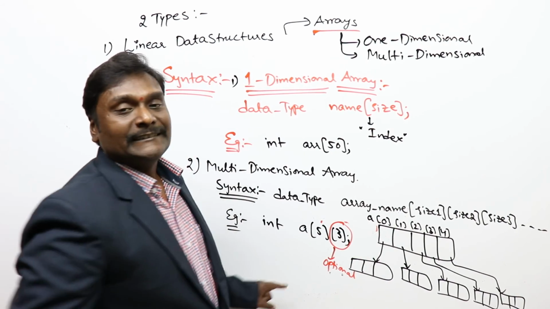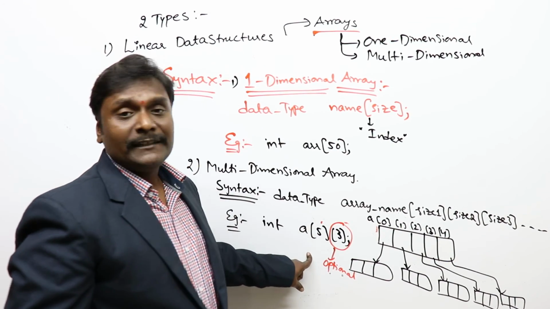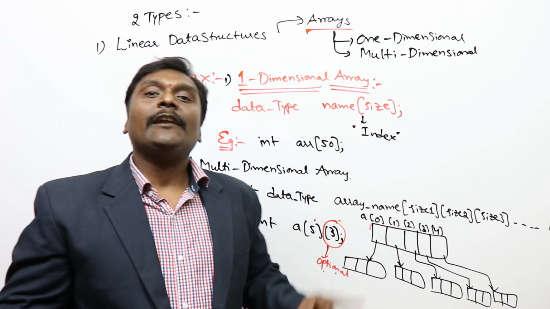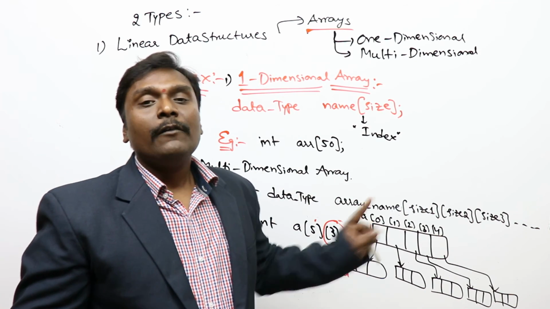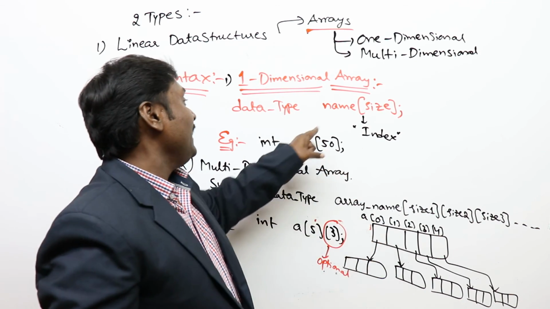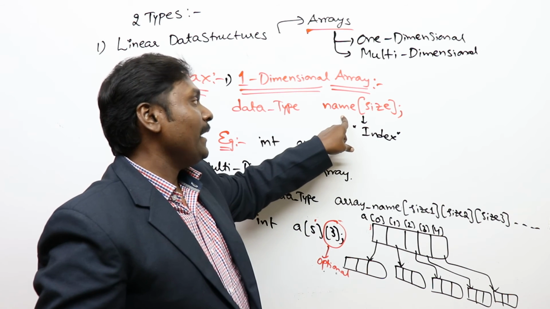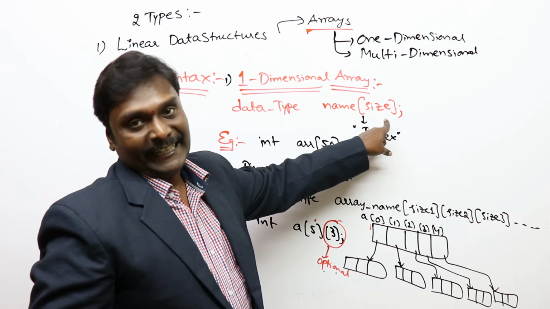In this case, what we have discussed is simply what is one dimensional and what is multi-dimensional. One dimensional means every array must have some specific type, followed by the array name and size.